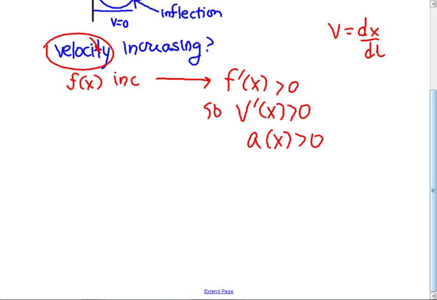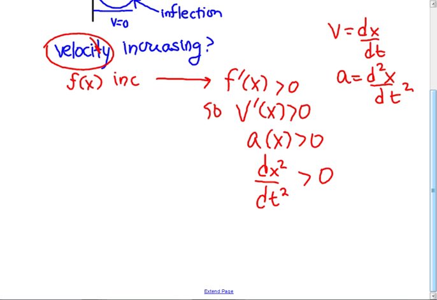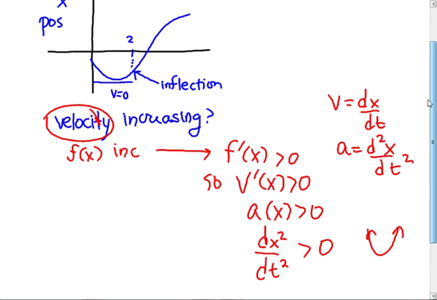What is acceleration? It's the second derivative. What does the second derivative tell us about our function? Concavity. So I want it to be concave up. Where is this concave up? That's why they gave me the inflection point. Between 0 and 2.